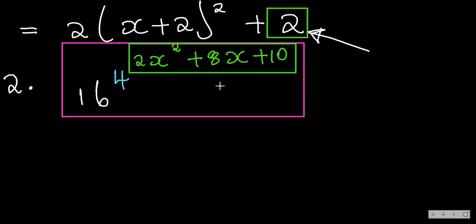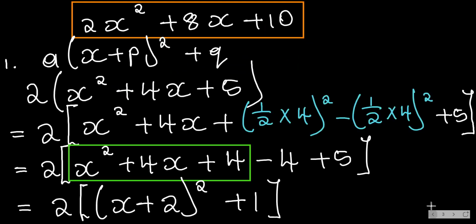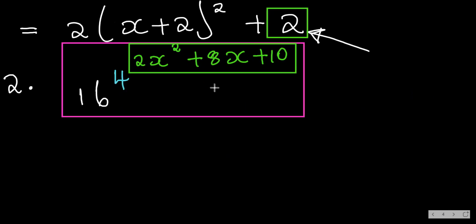Because the 2x squared plus 8x plus 10 is the original expression, which we have now written in turning point form. And we can see that the coefficient is positive. So the parabola is facing up, which means it has a minimum value, and the minimum value will be 2.